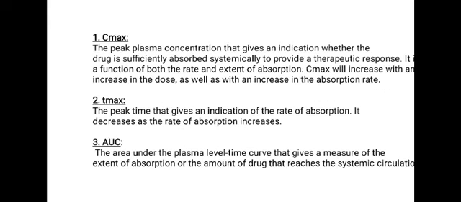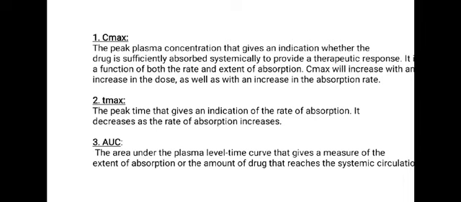First parameter is Cmax, the peak plasma concentration that gives an indication whether the drug is sufficiently absorbed systemically to provide a therapeutic response. It is a function of both the rate and extent of absorption. Cmax will increase with an increase in dose as well as with an increase in the absorption rate.